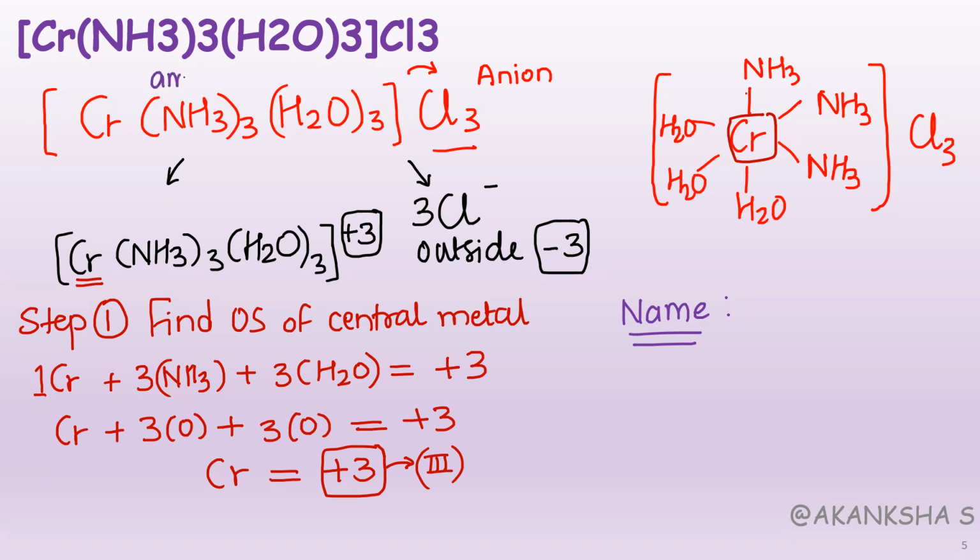We have one that is ammine, and we have another one that is aqua. Whenever you're naming the ligands, always name them alphabetically. So A and A, we can't argue over there. But we know that M comes before Q. So we start naming ammine first and then aqua.